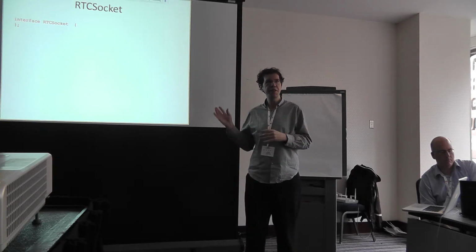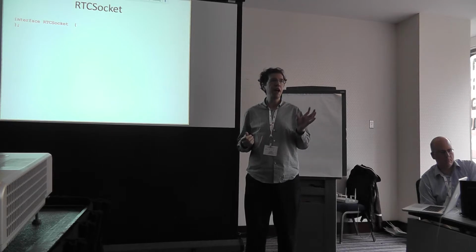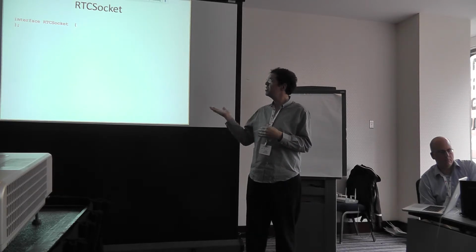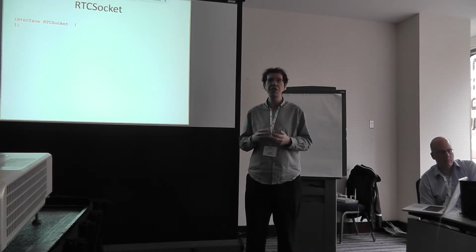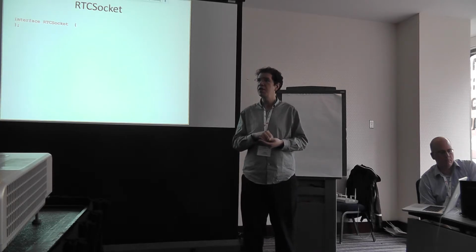The reason why you have a separate socket object from the connection object is because it allows you to reuse the socket in other connections. So if you want to have multiple RTC connections attached to the same socket, it's easy to do so. You just create one of these, you pass it into multiple RTC connections, and you're guaranteed to reuse the same socket on the wire.